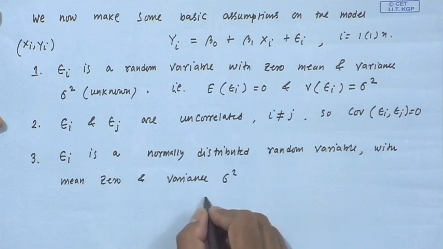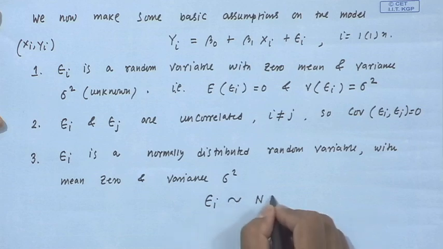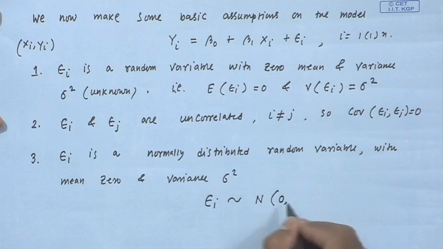That means we are assuming that epsilon i follows a normal distribution with mean 0 and variance sigma square.